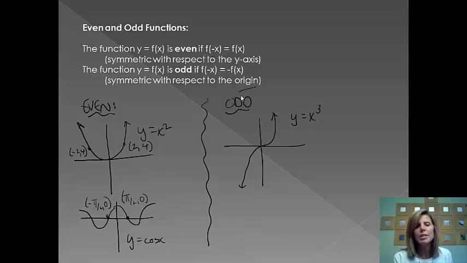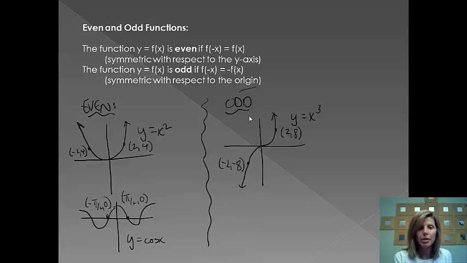But the reason that it is odd, if it's symmetric with respect to the origin, that means it has rotation symmetry. So if I were to turn the screen upside down, I would have the exact same picture. So that's what symmetric with respect to the origin means. And if I were to pick a point on here, let's say this point is 2, 8.